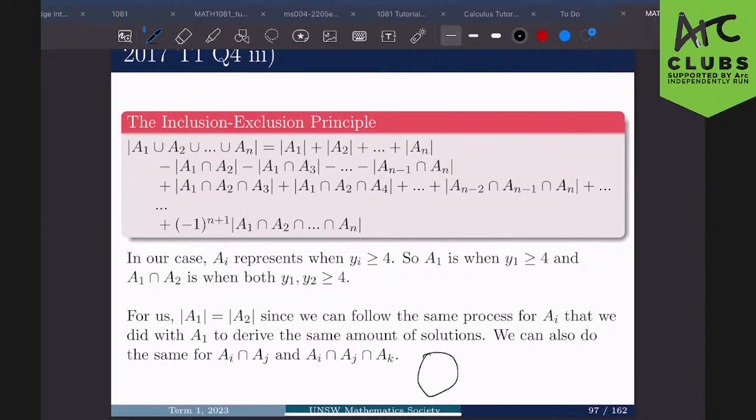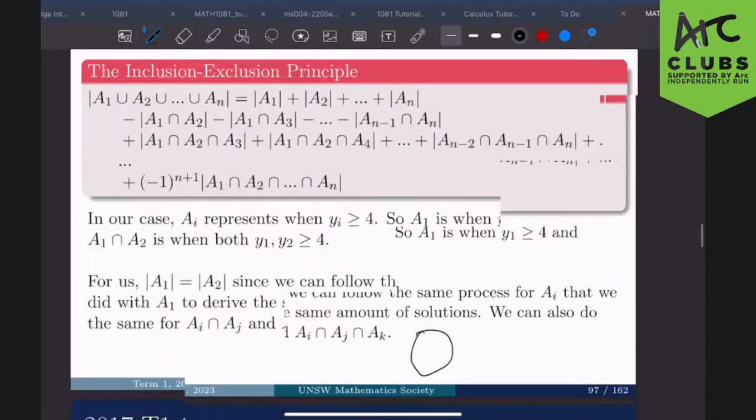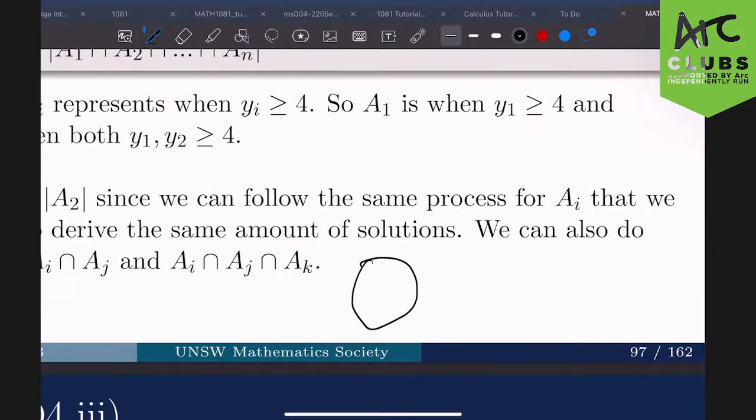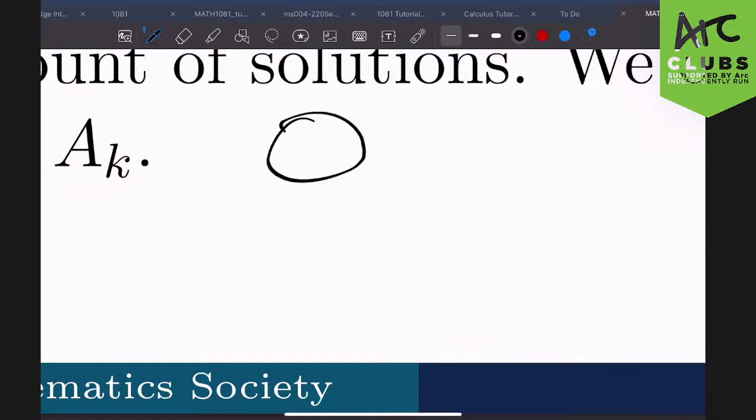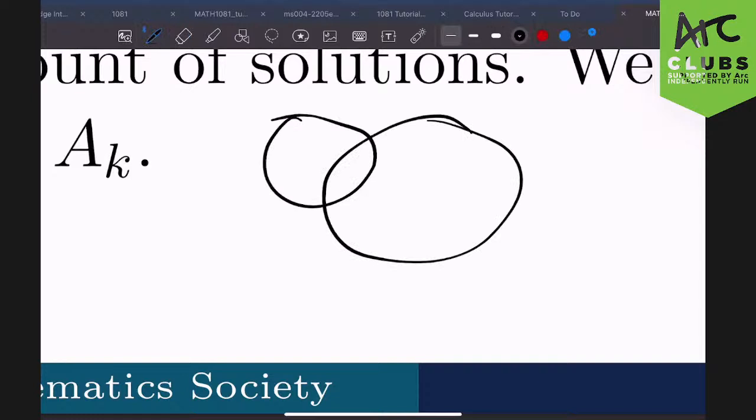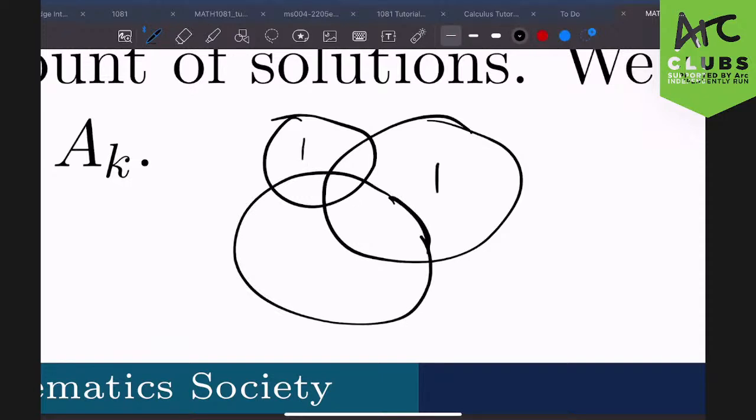If you haven't seen this before, it can be a little bit intimidating, but at the most basic level, imagine we had a Venn diagram. It's like this. And you count each circle once.